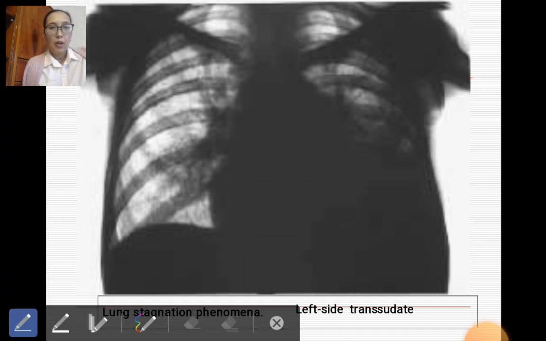Here I will show you: it is a transudative reaction of the pleura.